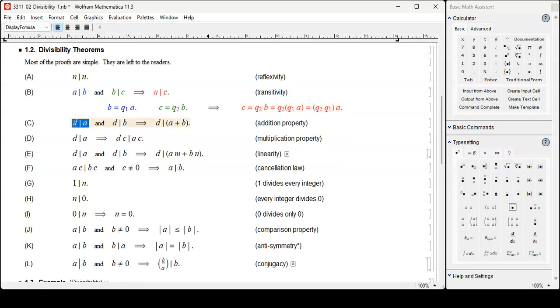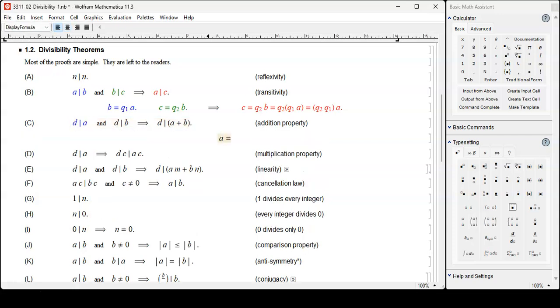Just one more time, and then the rest is homework problem for you. How about the next one? D divides A. How can you rewrite D divides A? A is some integer k times D. And then D divides B. So that means B is some integer k times D. And then, all okay?